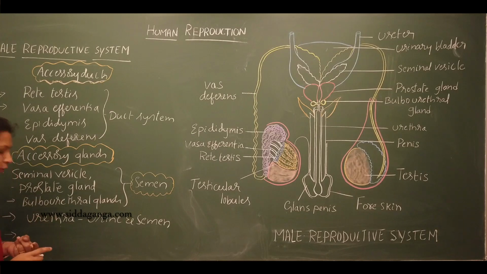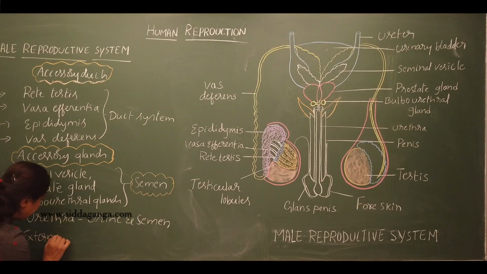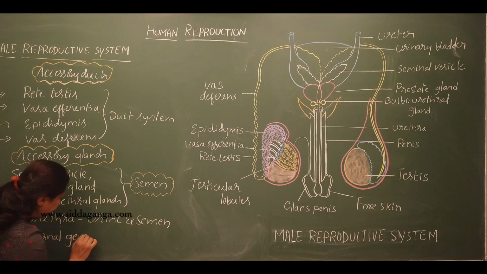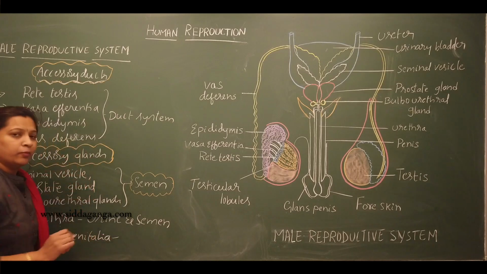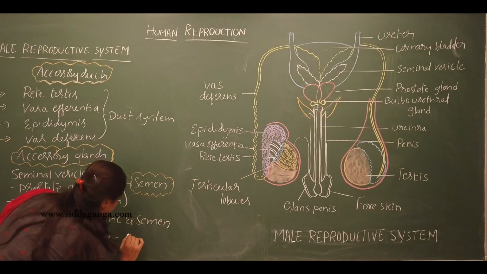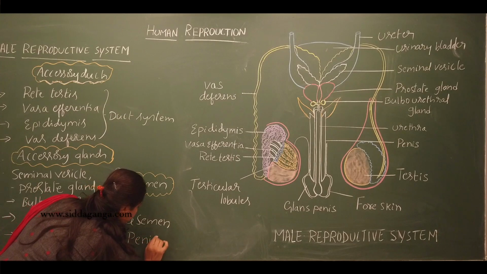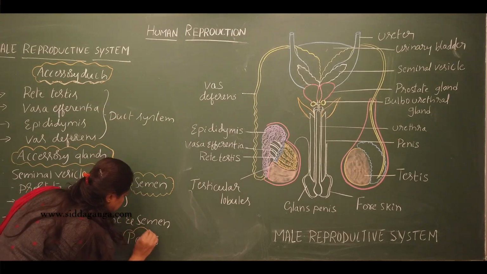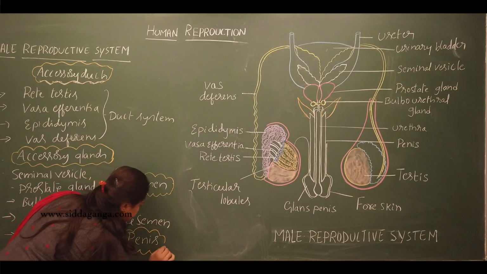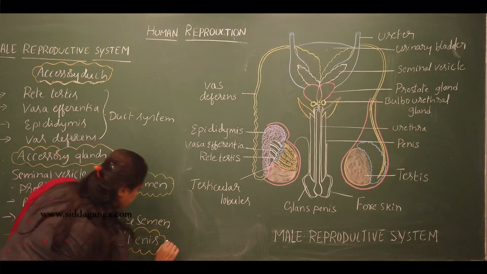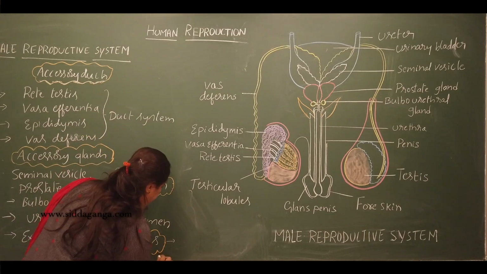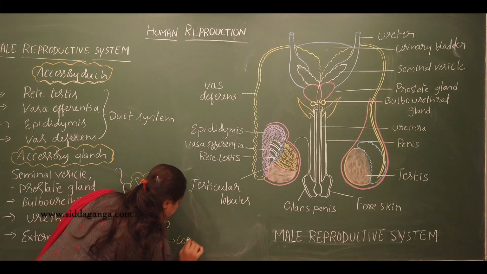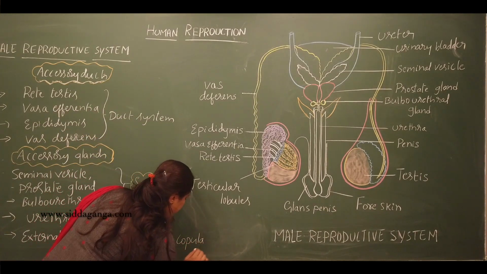And one more important structure is the external genitalia. In human males, the external genitalia is called the penis. The penis is the copulatory organ, which is used to deposit the sperms into the female reproductive tract at the time of copulation or coitus.